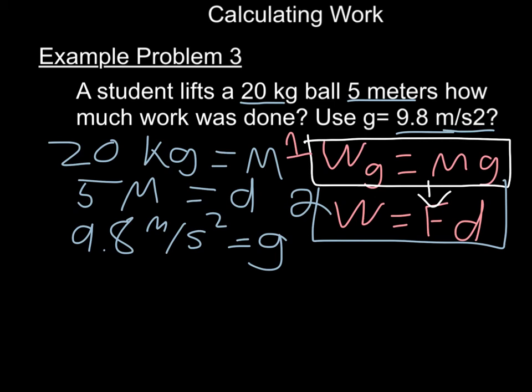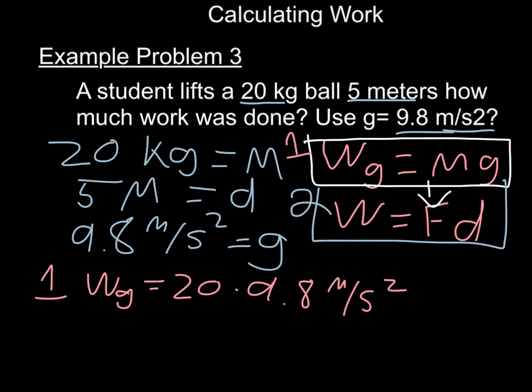So let's figure out our first step, which is going to find our weight due to gravity, which is going to be the mass, which is 20 kilograms, multiplied by our gravity, which is 9.8 meters per second squared.